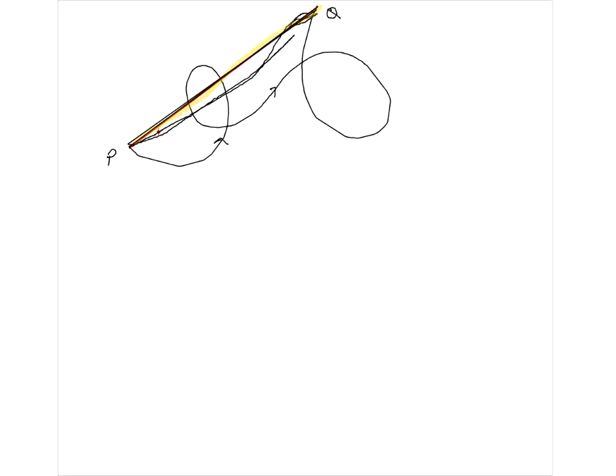Just a moment. Let me delete these others. Can you draw that straight line again? Yes, that's good.